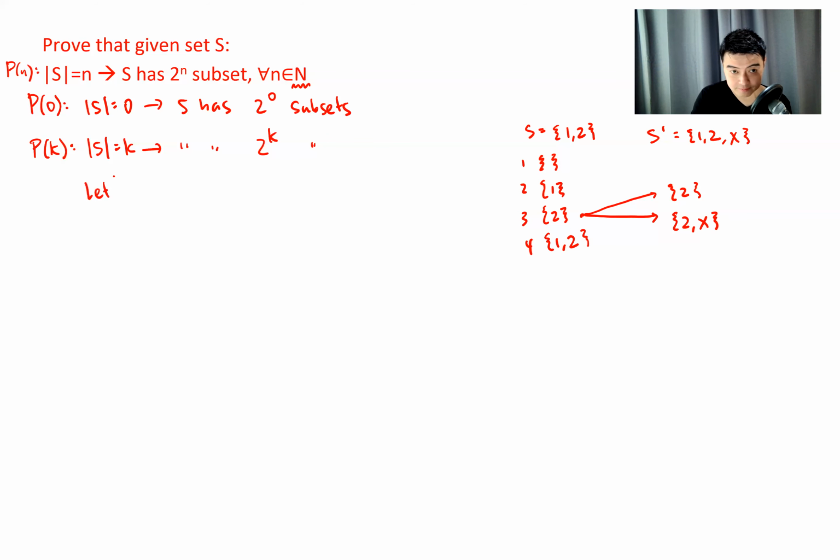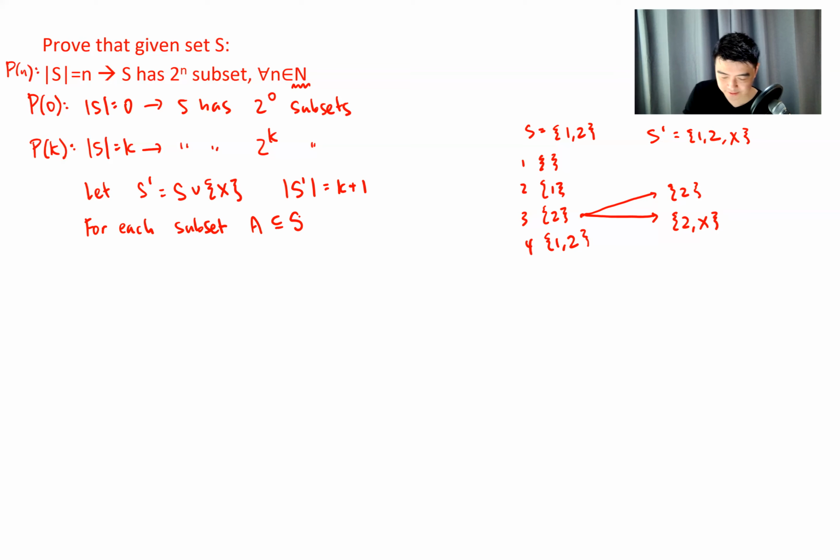Okay, so here's my argument. Let S prime be equal to S along with an extra element X. And so the size of S prime is going to be equal to k plus 1. Now for each subset, we'll call it A, for each subset A that is a subset of S, so each of these four subsets that you see on the right-hand side, I'm going to define two subsets.